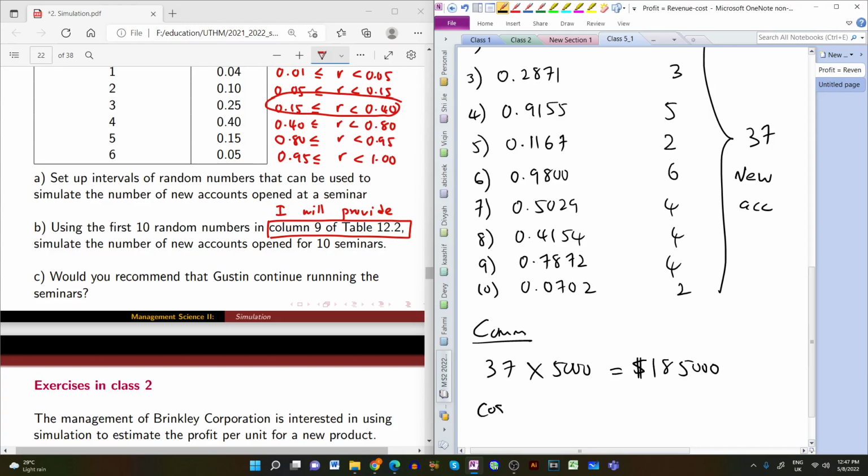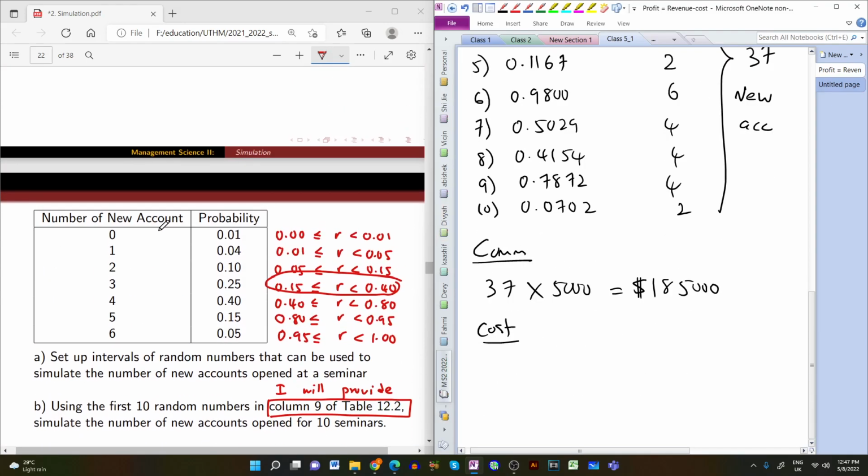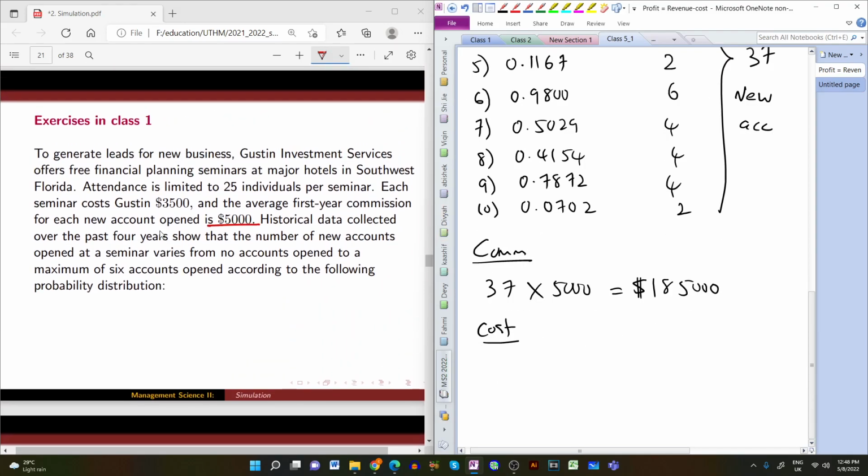But what is the cost for each seminar? There are 10 seminars, right? 10 trials, 10 seminars. For each seminar it costs 3,500. So 10 seminars, $35,000.